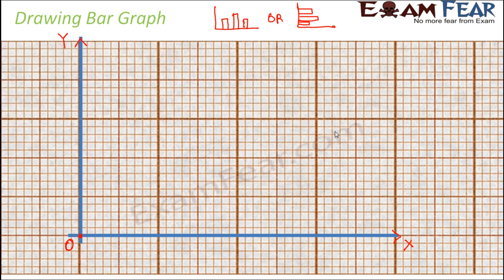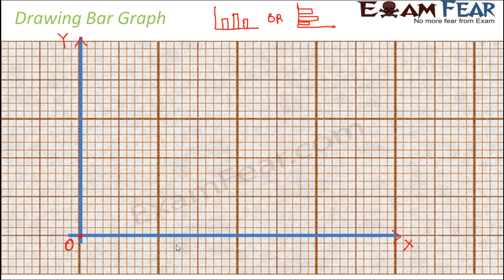So the first step is to draw a horizontal axis and a vertical axis. The next step is to look for the range of numbers to be represented. Let's take an example. Say you want to represent the marks scored by students with respect to the students' names.